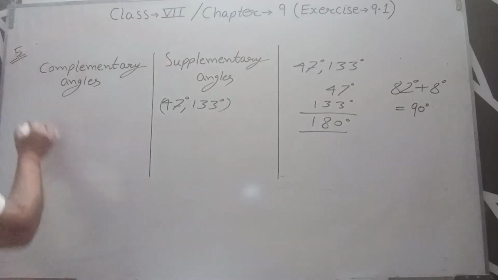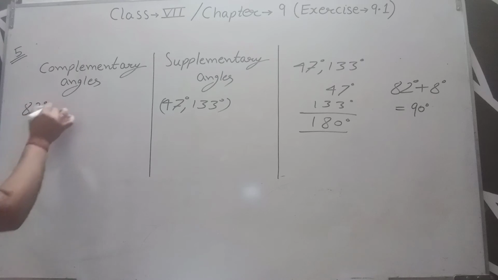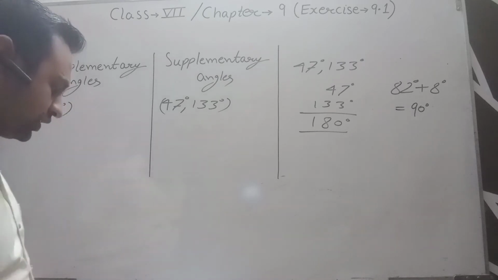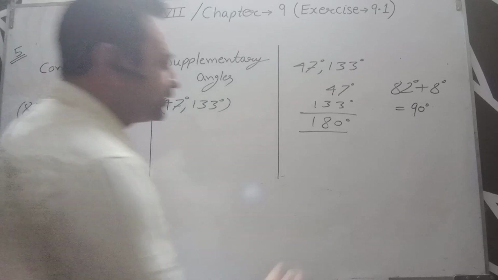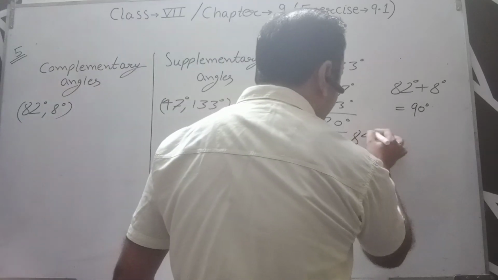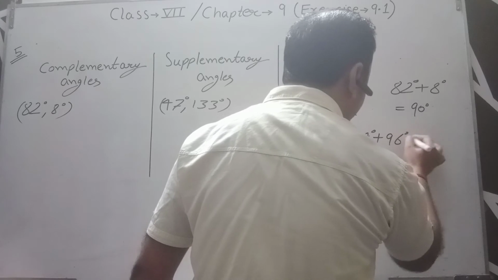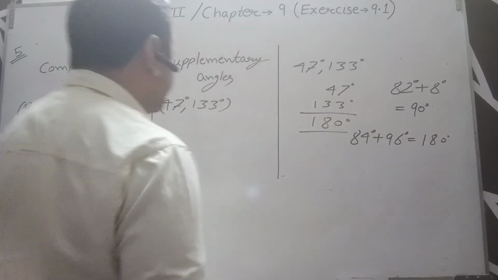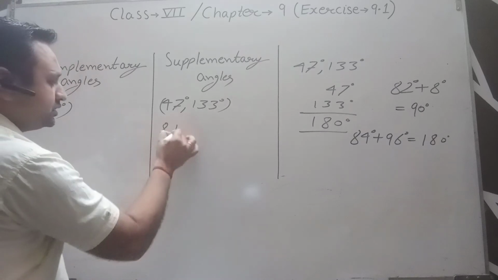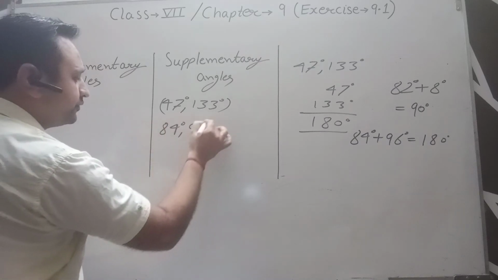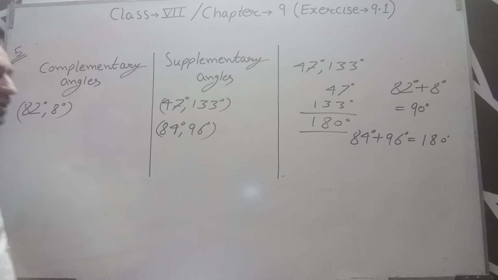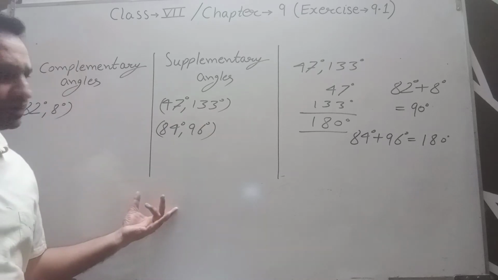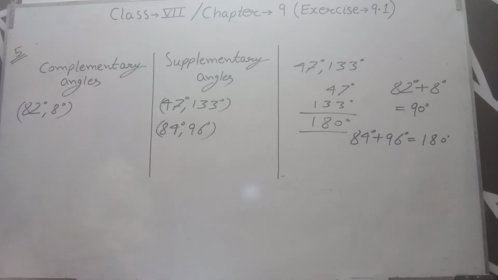So this pair of angles is complementary. Next pair 84 degree, 96 degree. So 84 degree plus 96 degree and their sum is again 180 degree. So this pair of angles is supplementary. So similarly you can do all the parts and it's very easy. Just note down.